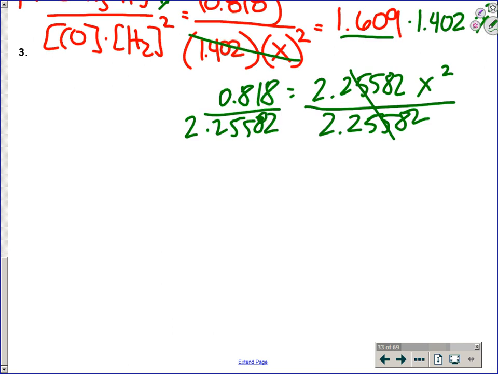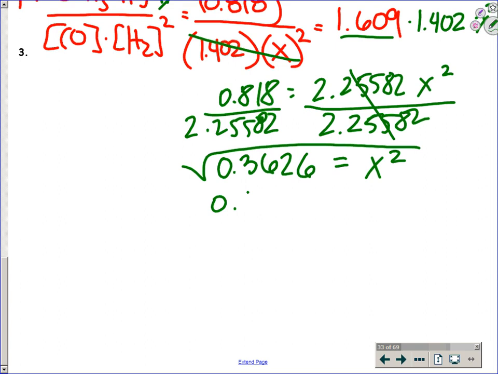What is this? 0.3626. That looks good. Okay. Equals what? X squared. So I'm really close. How do I solve for x? Square root the whole shebang, and what do we get? Equals x, which equals the hydrogen concentration.